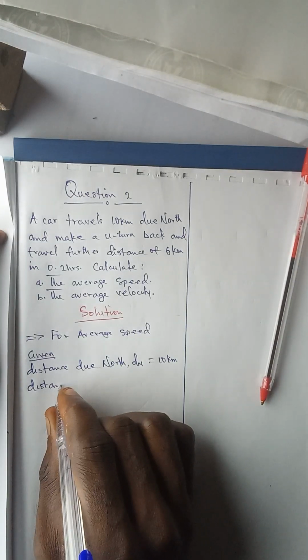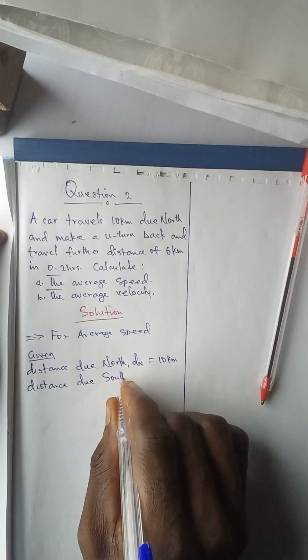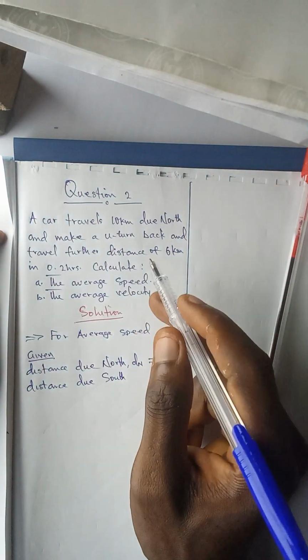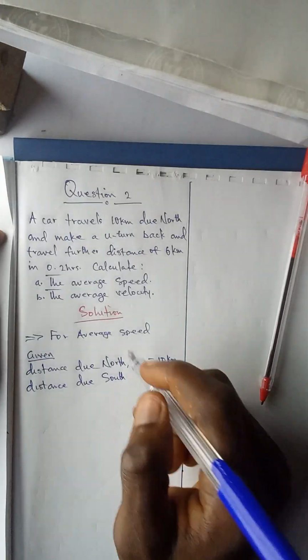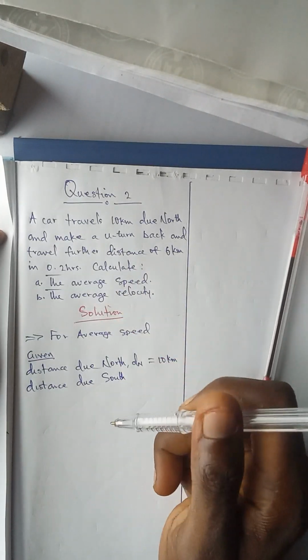And then distance due south. The question did not mention south, but when they said to make a U-turn and start coming down, coming down is going nowhere other than the South Pole.